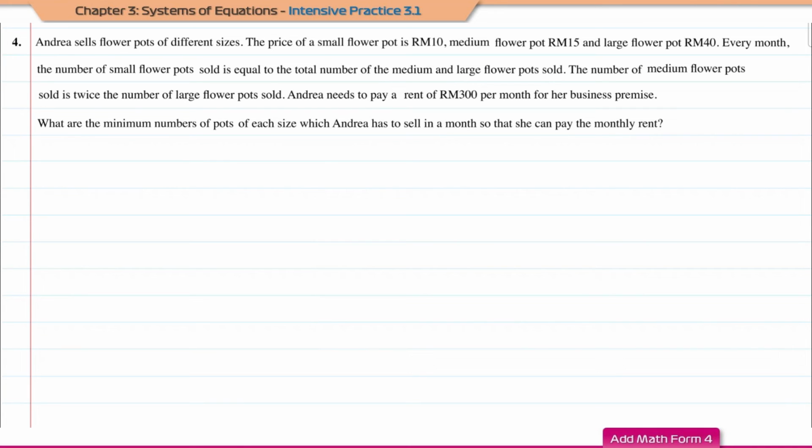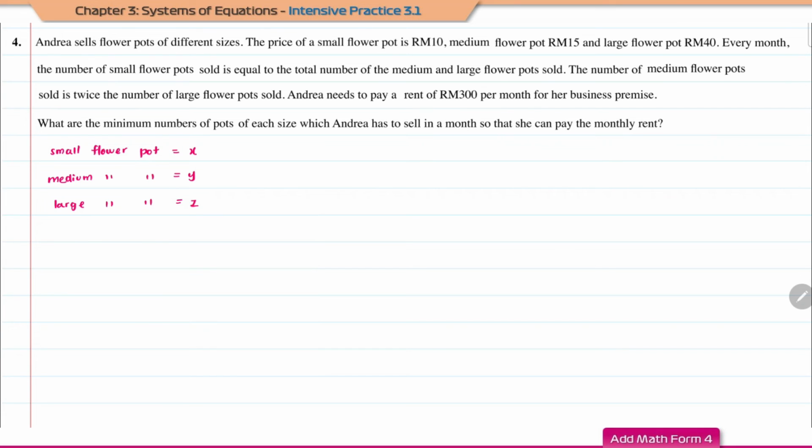So first, we're going to label the small flower pots as x, the medium one as y, and the large one as z. So next, we want to form the equations based on the question given.